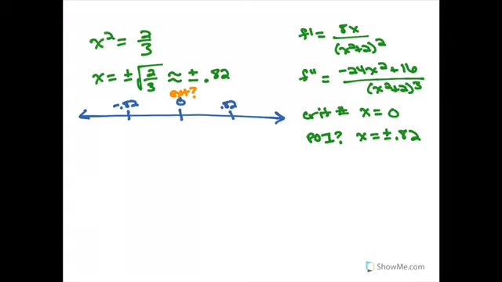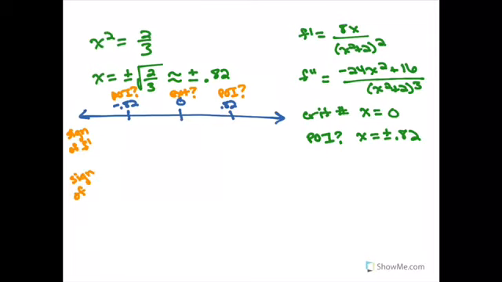We have to test for it, but it's the only possible one. And then these other two might be points of inflection. So we're going to pick some test points, plug them into the first derivative to figure out if our extrema is a max or a min.